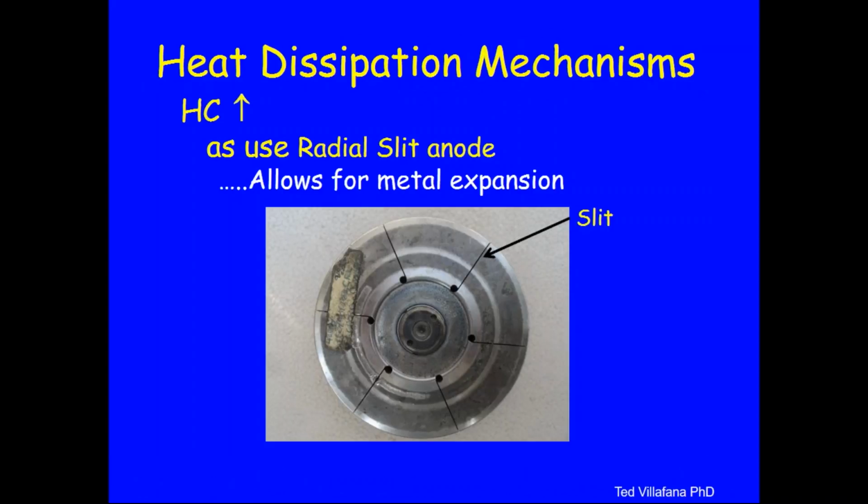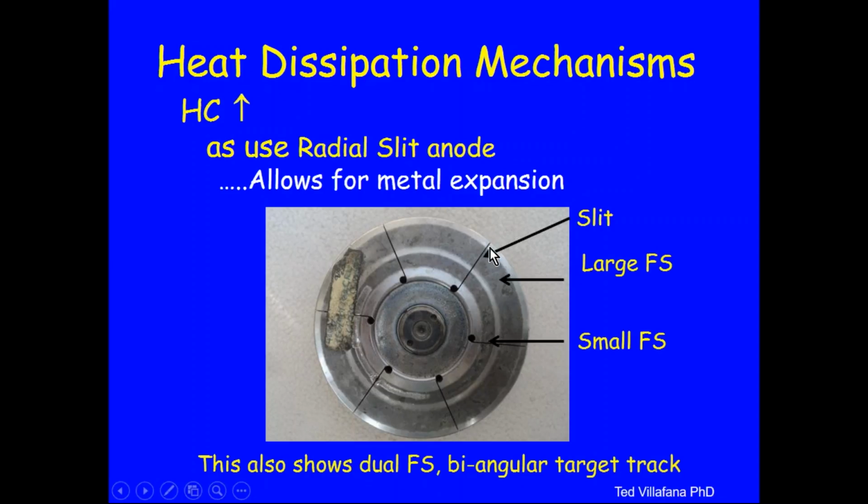Here's another mechanism of heat dissipation: pre-crack the anode. What you see in this slide, first of all, notice two different tracks, the large one and the small one. That indicates that this is a biangular anode. But what's interesting over here is that you have these radial slits. Why radial slits?